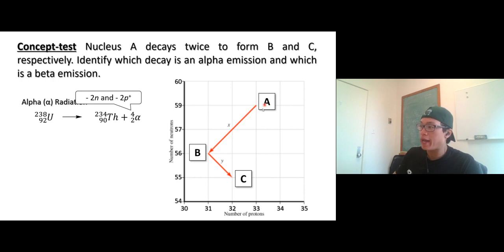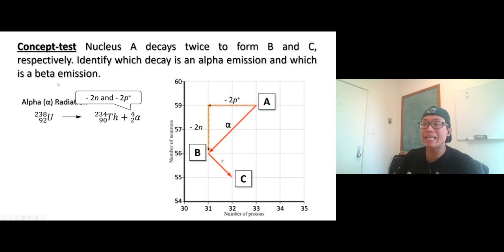From A to B, take a look. On the x-axis is the number of protons. On the y-axis is the number of neutrons. A to B looks like the number of protons is lower by 2 and the number of neutrons is lower by 2 as well. That is the alpha emission. Next, identify a beta emission.